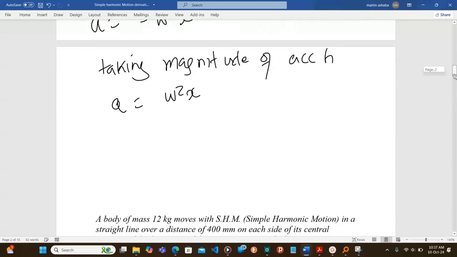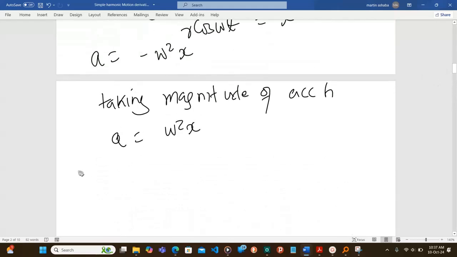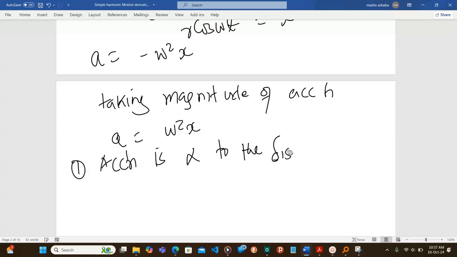So we can see that there are two important points to note. One is that acceleration is directly proportional to the distance or displacement from the fixed position.